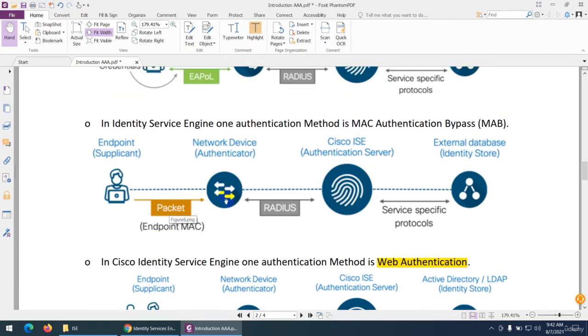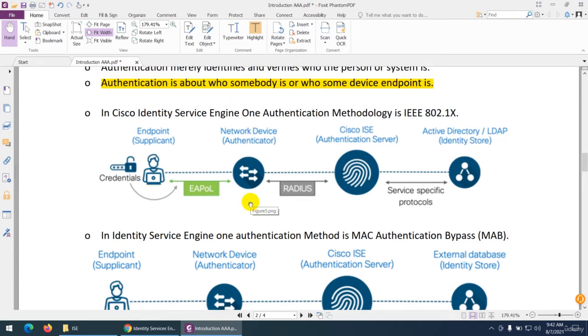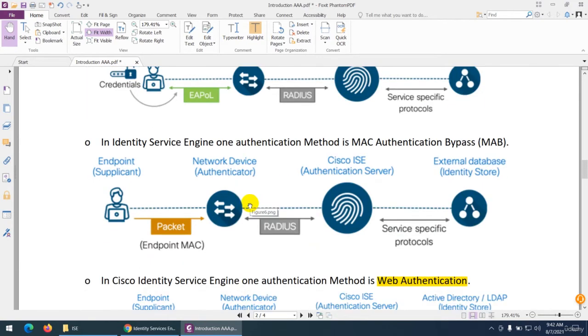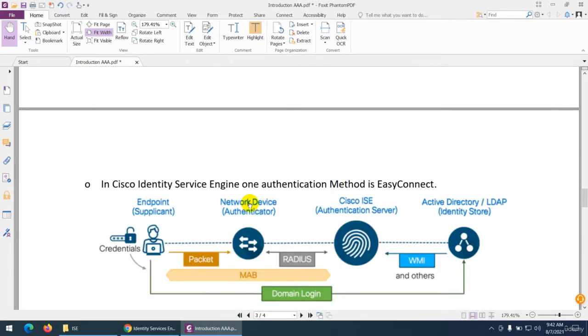In the same case, if your MAC address is found, they will give you access. In the same case, if they find your certificate, either your username and password or token, they will provide you access. So these are the different authentication methods.